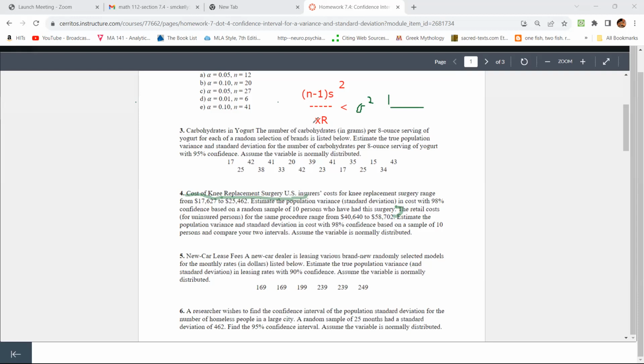We can get chi-square left and right with the calculator. The problem is s, and that requires the range rule of thumb from chapter 3. So you have n minus 1. This is s squared. And this is chi left, which I'm writing as x because I'm on Zoom.